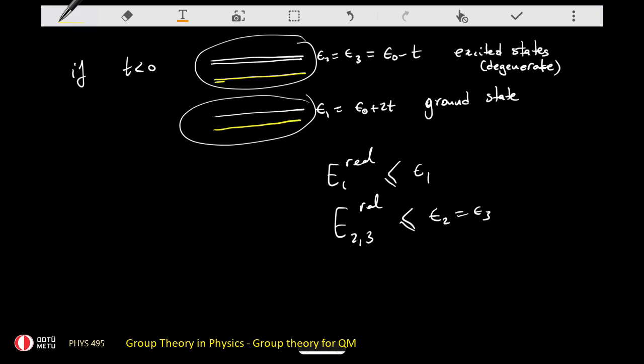The real levels would also have the same symmetry structure, provided that, of course, we have made a good approximation in choosing our molecular orbitals. So we have a real non-degenerate ground state, and again, the real excited levels would be degenerate, because degeneracy is basically coming from the symmetry argument.